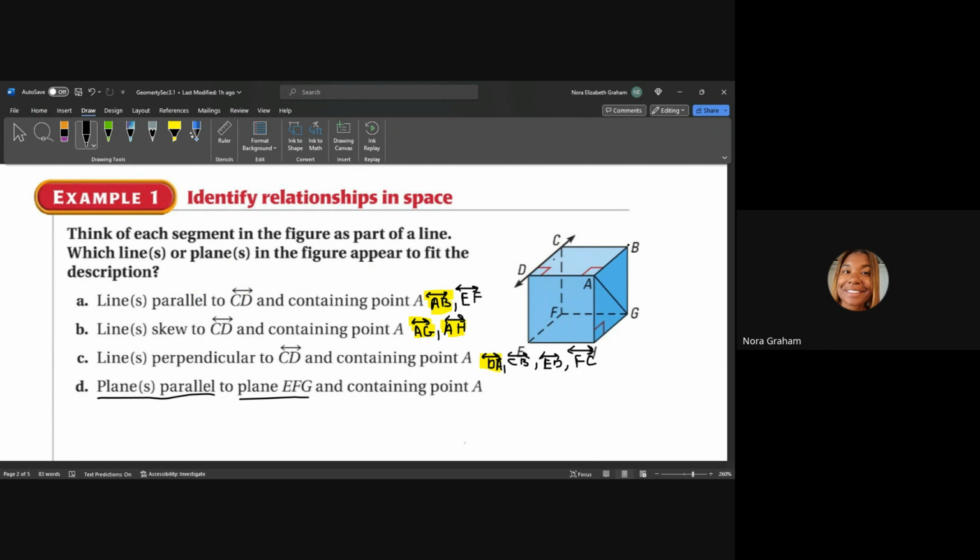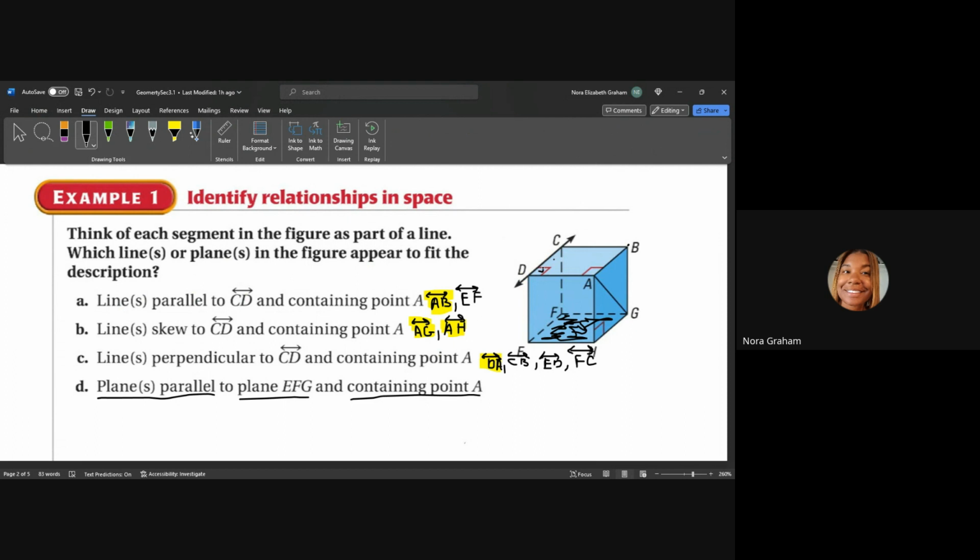So I have EFG. That means I'm talking about this plane, the bottom of my box. Just the bottom surface of my box is what I'm looking at. So I want to look at a plane that does not touch this at all, but is still parallel to my plane EFG.